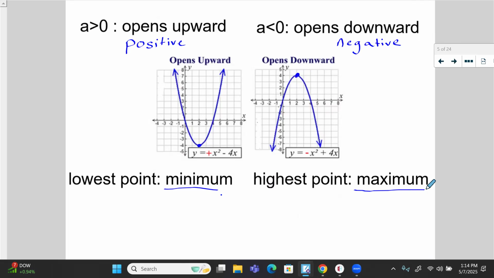Your vertex is this highest point right here, or your lowest point right here. Your vertex is basically where the graph changes direction. So again, we have our AOS, our y-intercept, our max or min value, and our vertex.